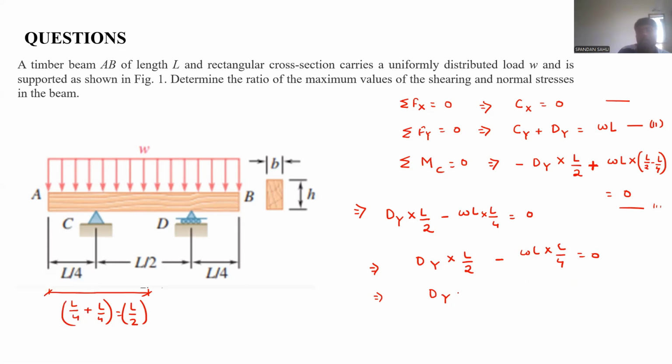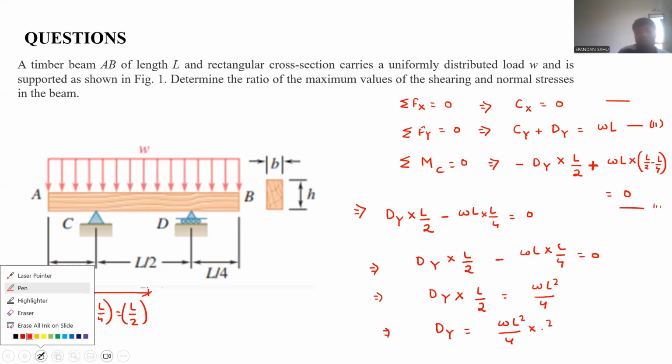Now just substitute this in the second equation. What you are getting, please let me know in the chat box. So we will be getting Dy equal to WL square by 4 into 2 upon L. So it is equal to WL by 2.